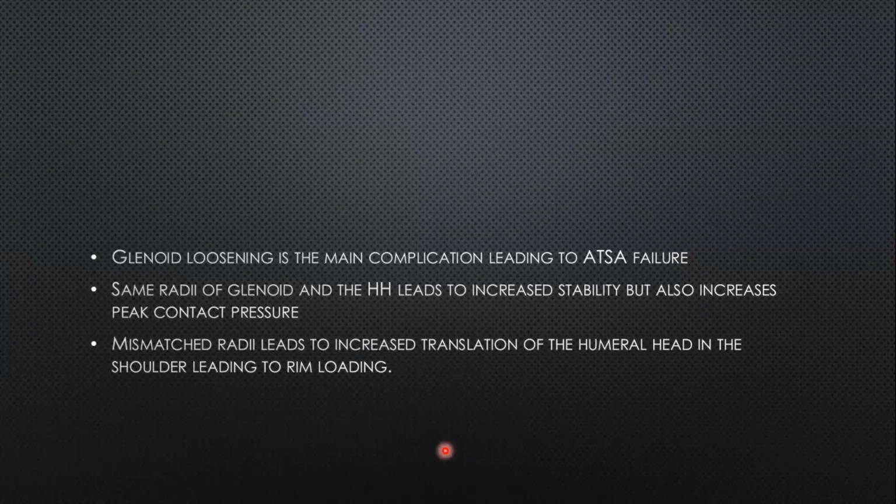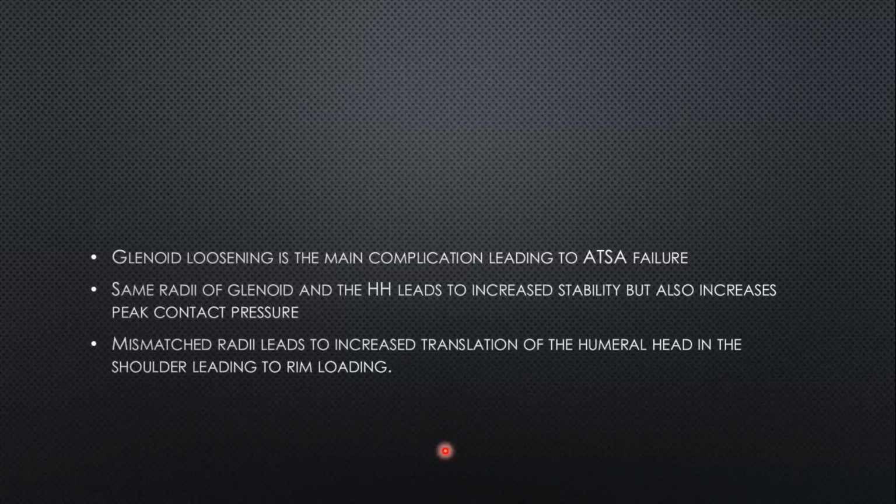The contact pressure at the point of contact where there is transfer of pressures is very minuscule and creates a lot of wear on the poly. So what they decided was to mismatch the radius of the humeral component as well as the glenoid component, so that at any point of time, the contact area is not a very minuscule point, but it's a broader oval.